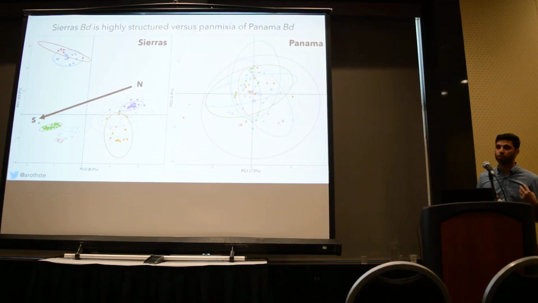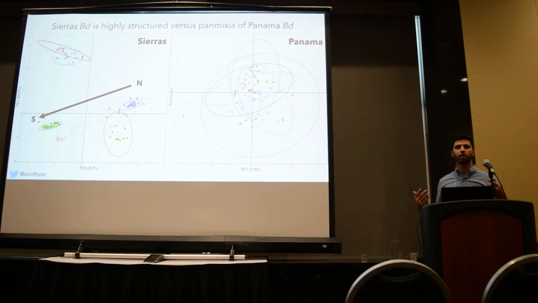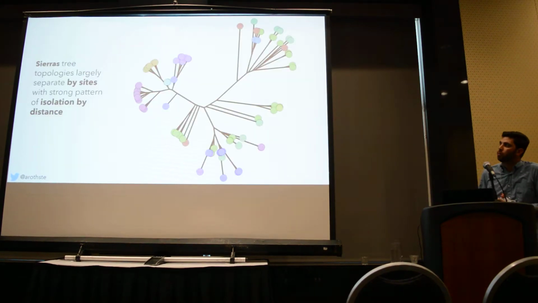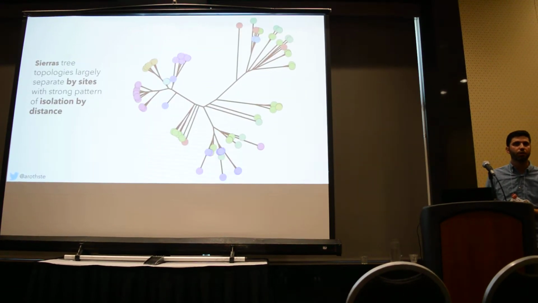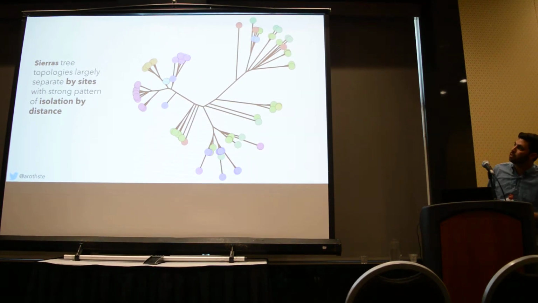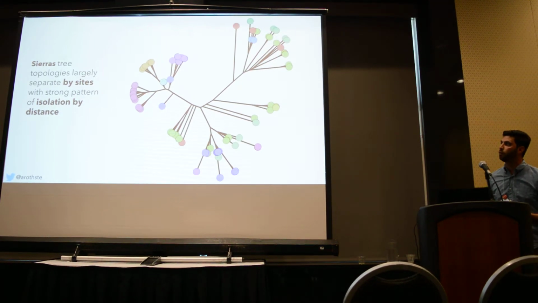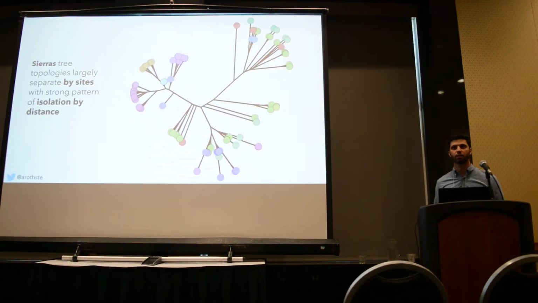And so this was really exciting, and we wanted to just verify and make sure that what we're seeing is similar using a different visualization tool. So we basically are putting this onto an unrooted tree to see if we find those same patterns. And what we find is that this Sierras tree topology, again, is separating by sites, and we have a strong pattern of isolation by distance.